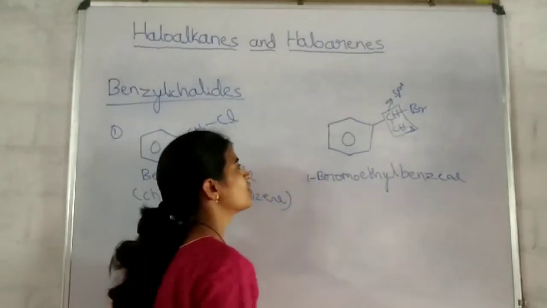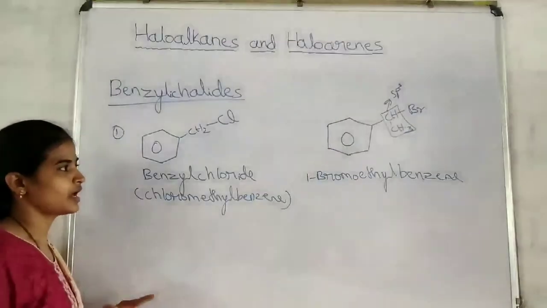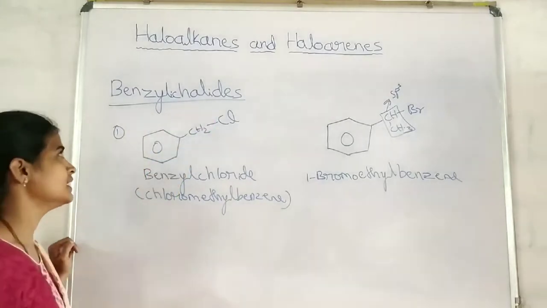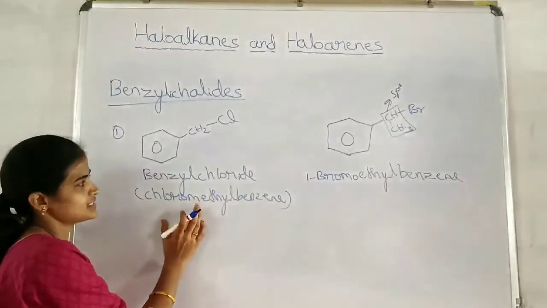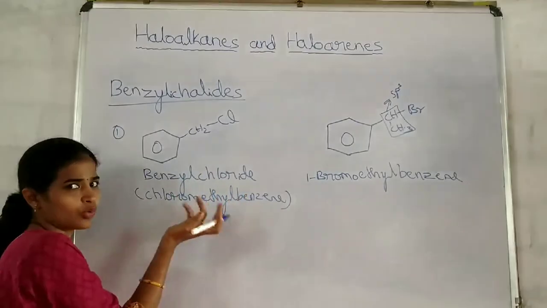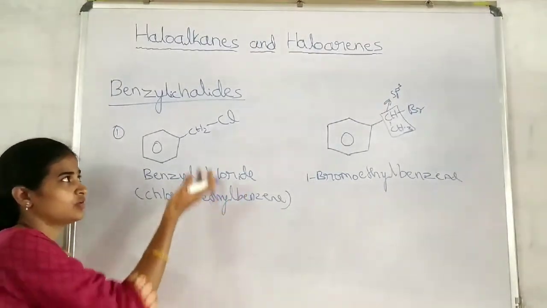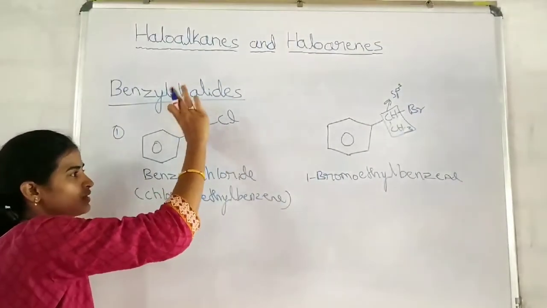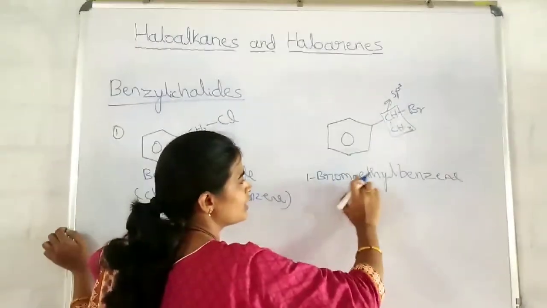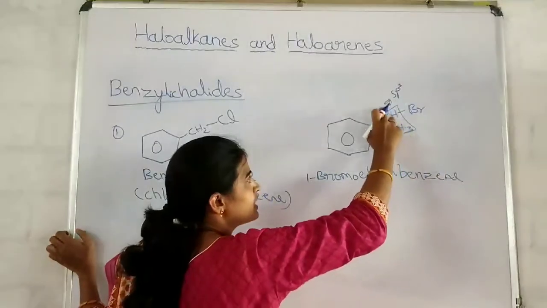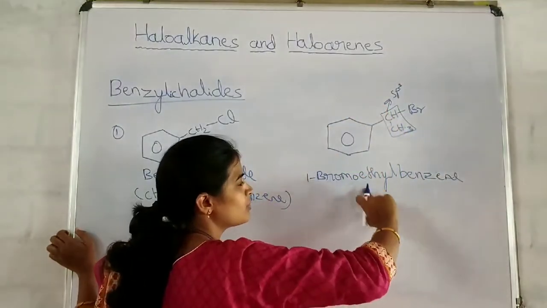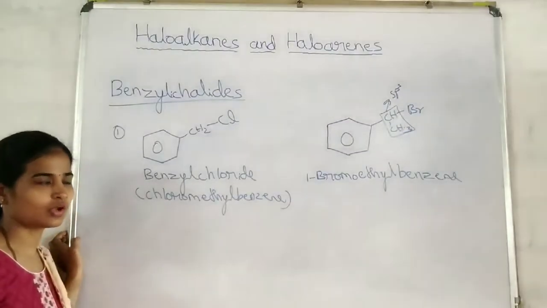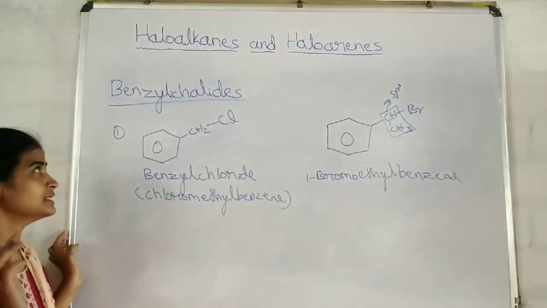This example is quite complicated, but I am just showing the ways to write examples for the benzyl halide. This is the simplest example for benzyl halide, that is benzyl chloride, benzyl bromide, benzyl iodide, whatever you can write. And you can branch here, no problem. 1-bromoethylbenzene. You can branch here also. Then that will be 1-bromopropylbenzene, like that. These are the examples for benzyl halide.